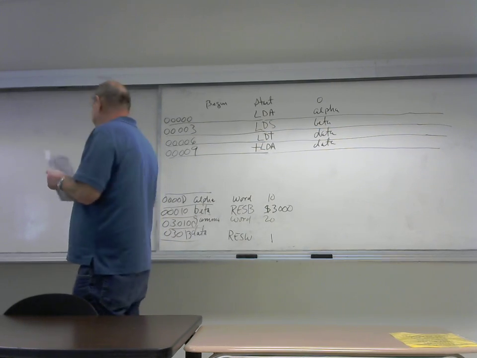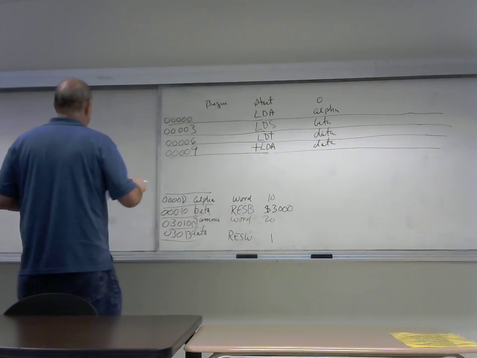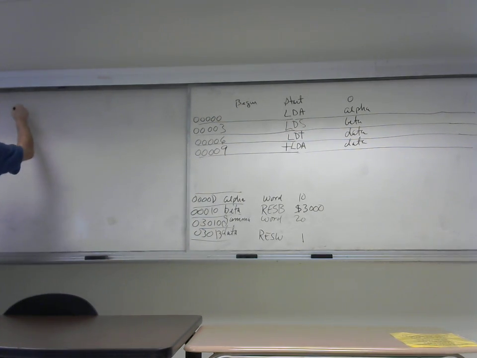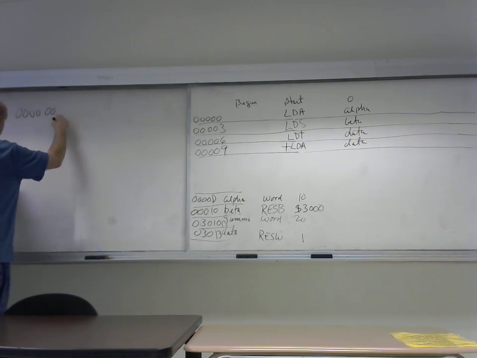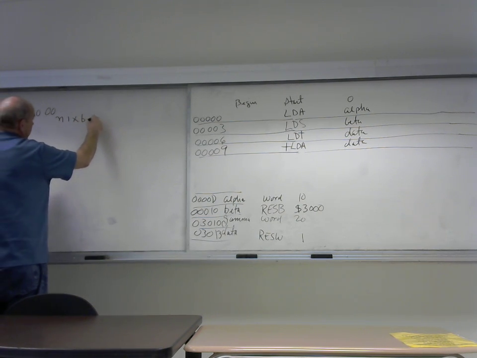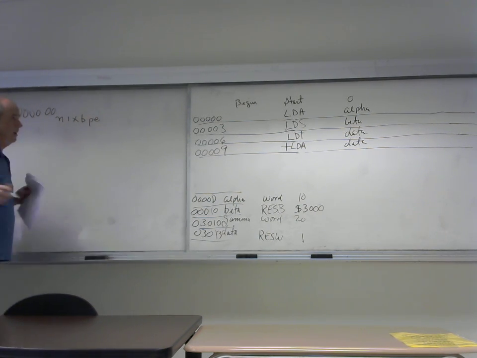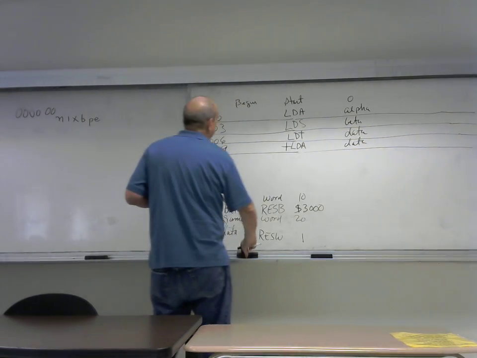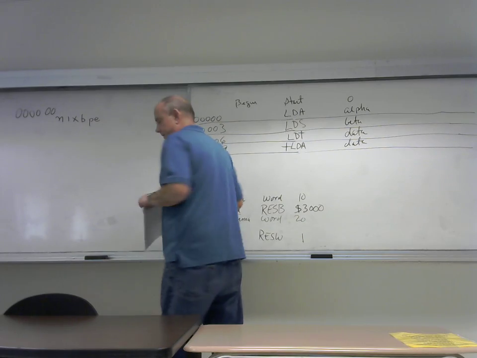Yes, 0 0. Okay. Then I have N, I, X, B, P, and E. And you know what I forgot to put in? So we're going to have to fix this.